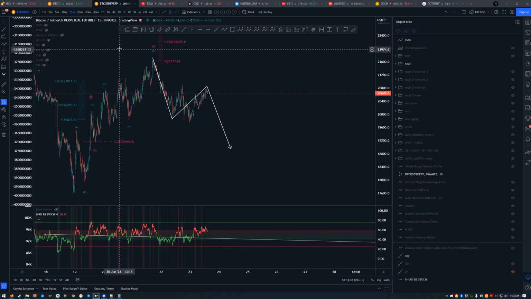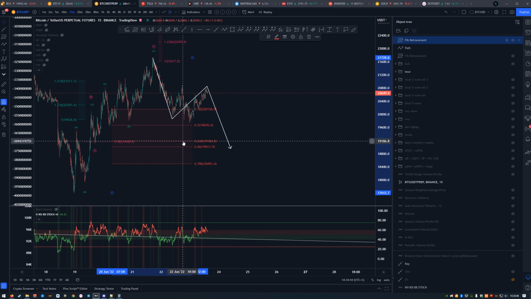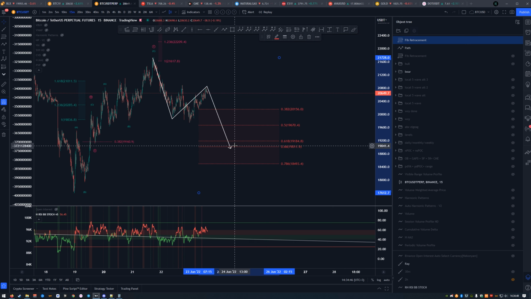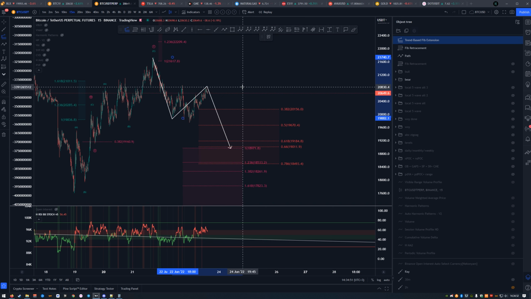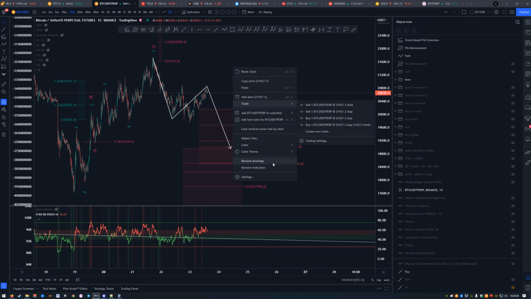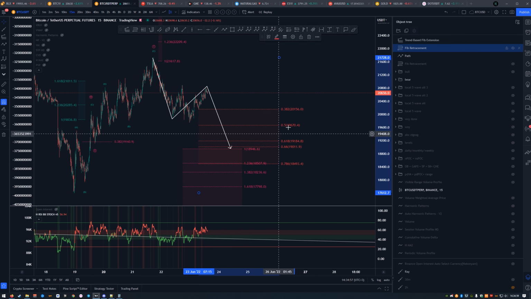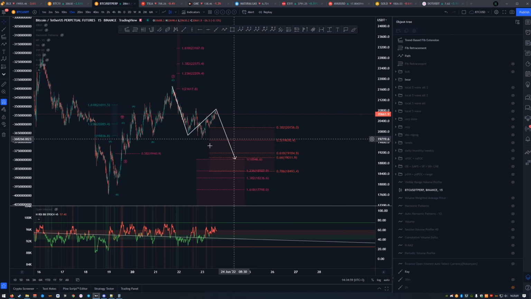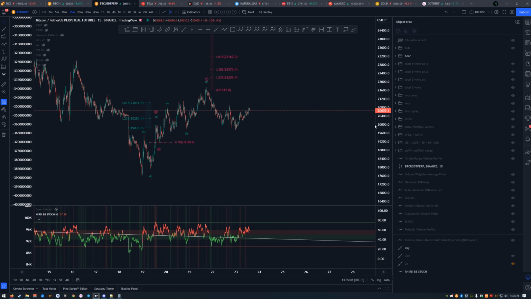At that point, if that happens, then we would most likely be looking at around the 0.5 or the golden pocket, most likely the golden pocket, as it has better look overall, and this substructure here would most likely get a 1-to-1 extension right around that golden pocket area. So again, I've labeled this as a bearish count, as this would be a combination of corrections, but there's no certainty yet of what this could be.